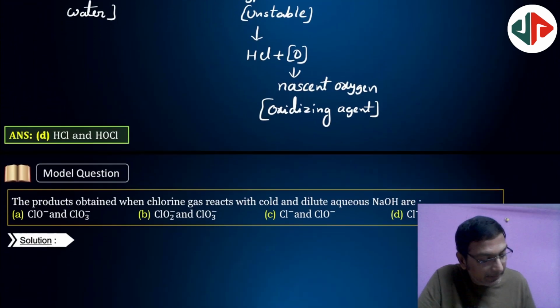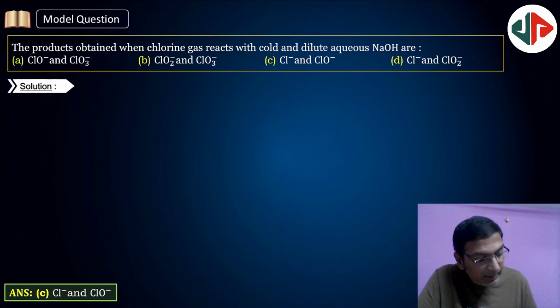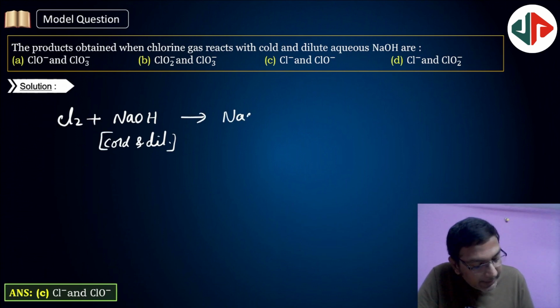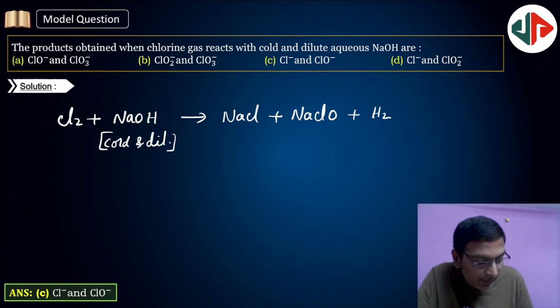Next. The products formed when chlorine gas reacts with cold and dilute aqueous NaOH are: Cl2 reacts with NaOH, which is cold and dilute, forms NaCl, NaClO plus H2O.